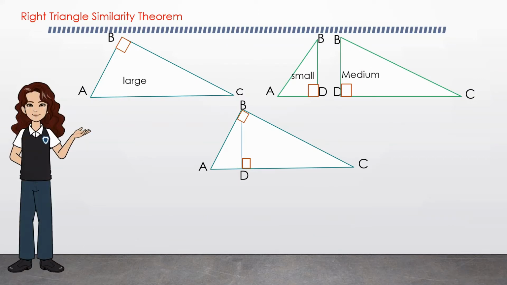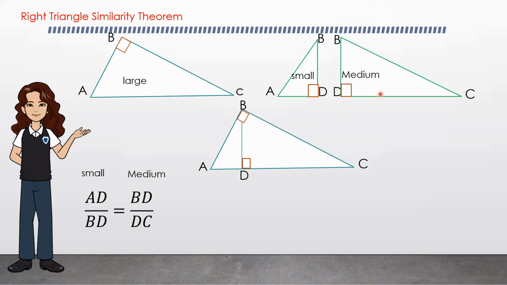Okay, guys, in this part, we need to get the proportional segment of the right triangle similarity. So first, we use the small and medium triangle here. So in small and medium triangle, we are going to get the proportional segment. So first, we are looking for the same length of the part of the triangle.